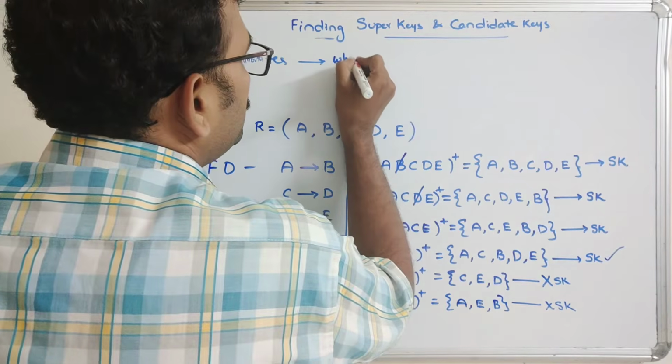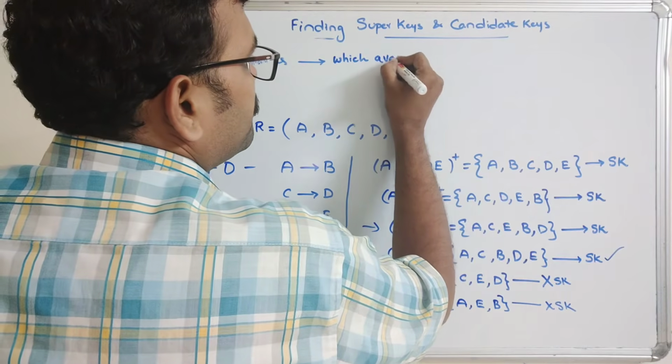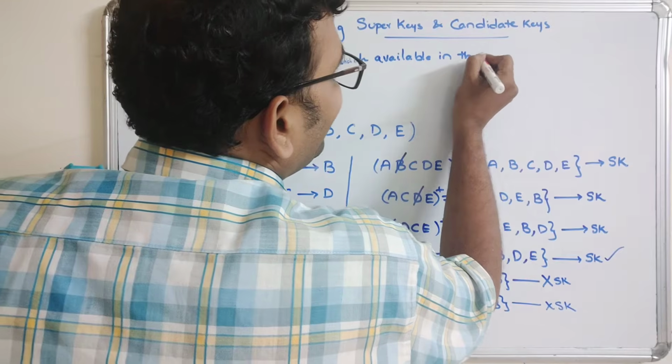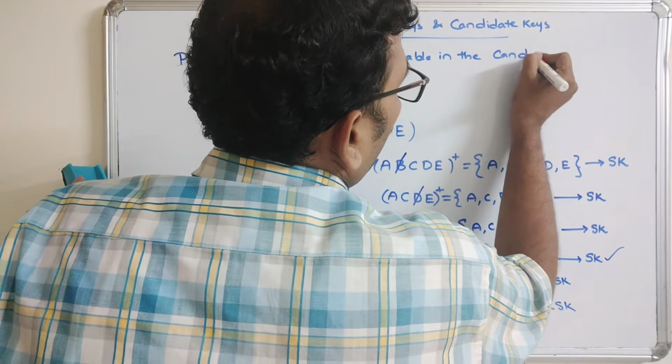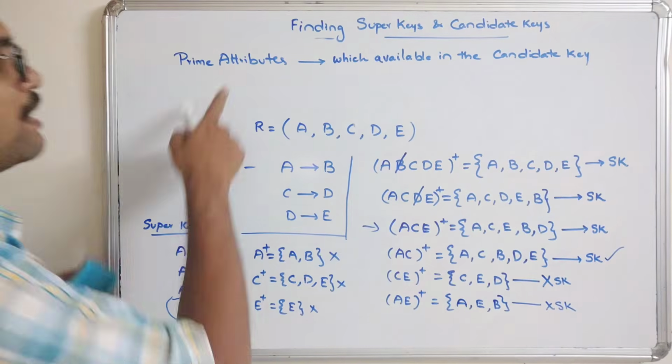Which are available in the candidate key are the prime attributes.